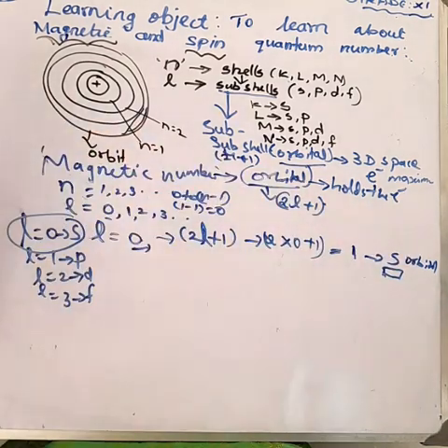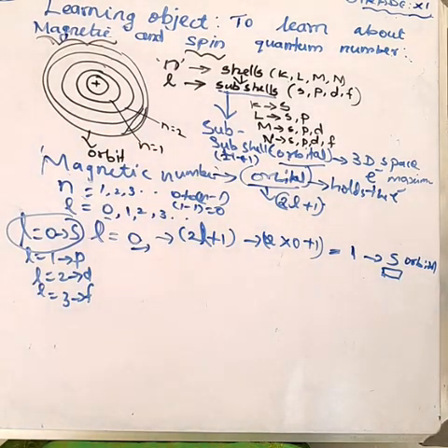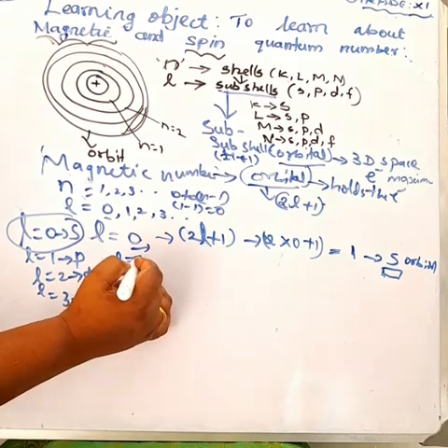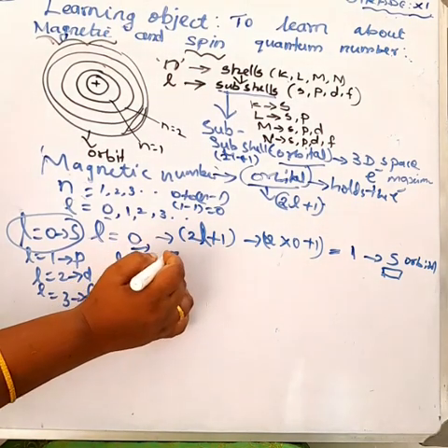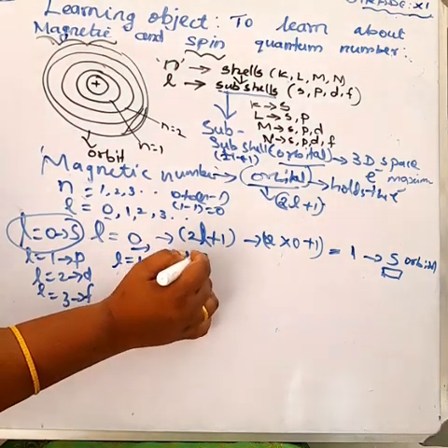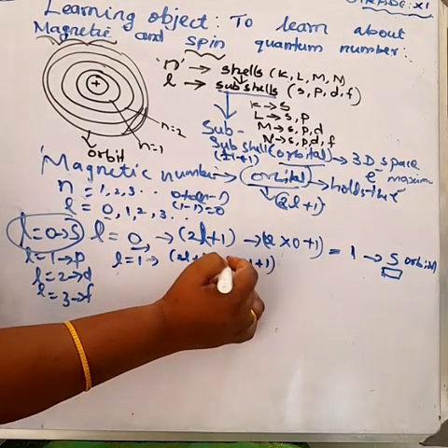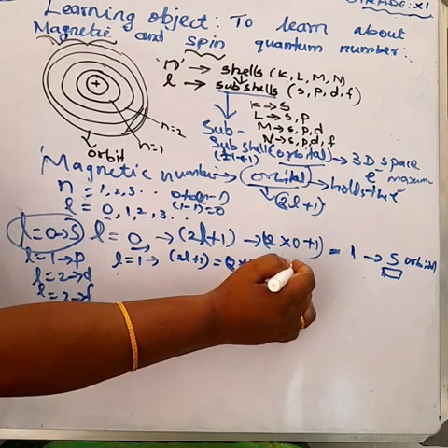That orbital we call the S orbital. Understood? When L is equal to 1, what is the formula? 2L plus 1. So 2 into 1 is 2, plus 1 is 3.